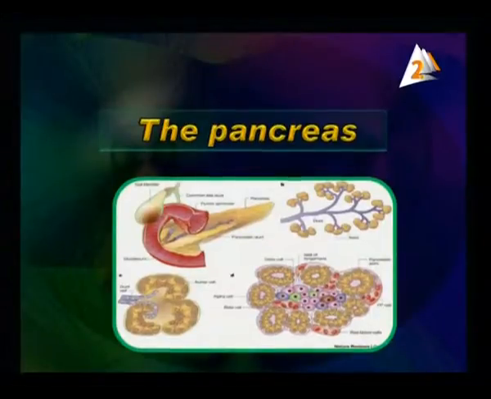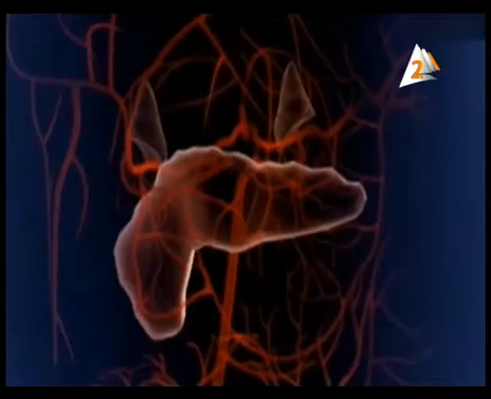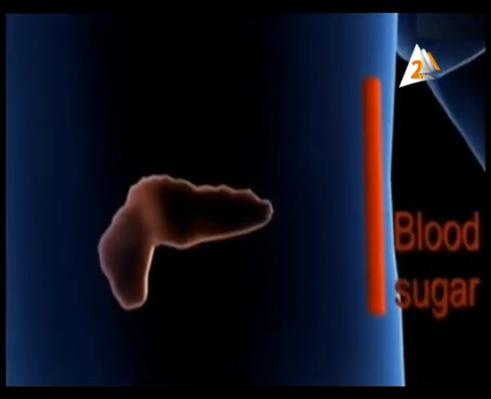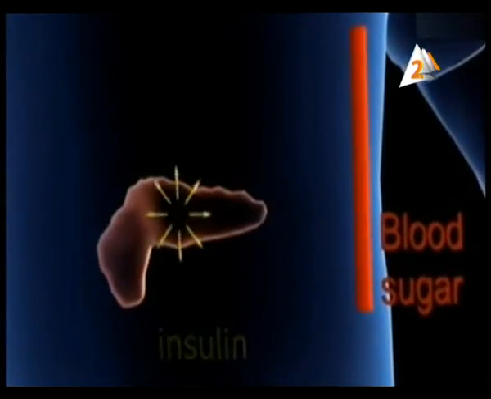Fourth, the pancreas. It is a mixed gland, as we mentioned previously, with exocrine and endocrine secretion. Observe now the structure of the pancreas that demonstrates the duct through which the pancreatic juice is secreted.